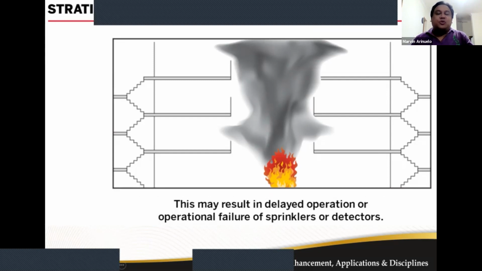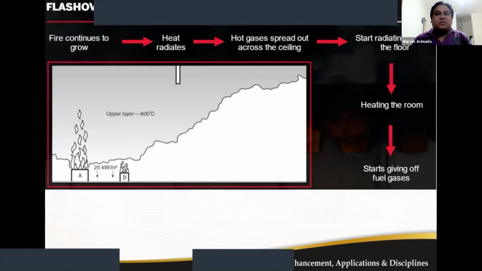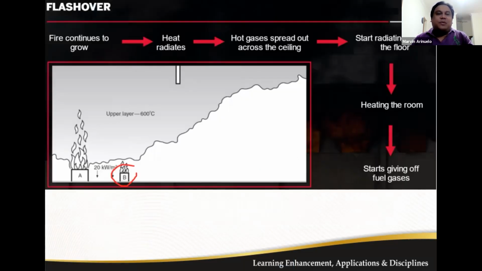As the fire continues to grow, heat radiates from the fire. The hot gas spreads out across the ceiling and then starts radiating down to the floor. As the temperature keeps rising, it gets to the point where materials start giving off fuel gases. If you see here, guys, the upper area is about 600 degrees C, and it produces 20 kilowatts per square meter.